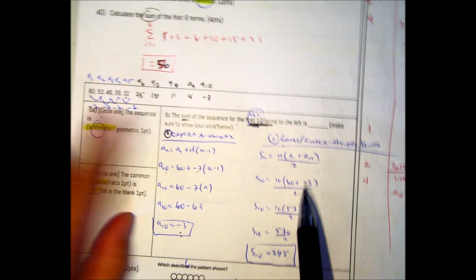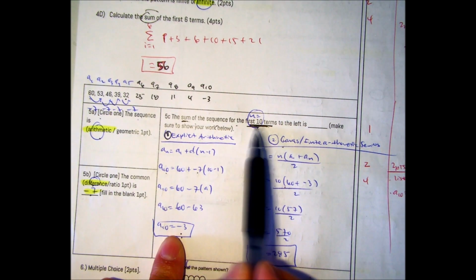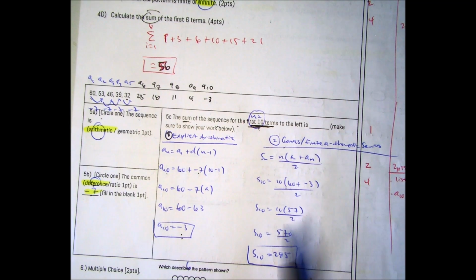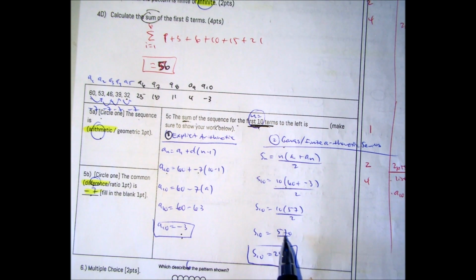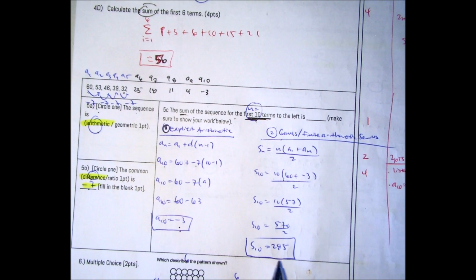My a_n value is -3 because that's the last number in the list, divided by 2. So 60 plus -3 is 57. 57 times 10 gives me 570. And then 570 divided by 2 gives me 285. The sum of all these numbers is 285.